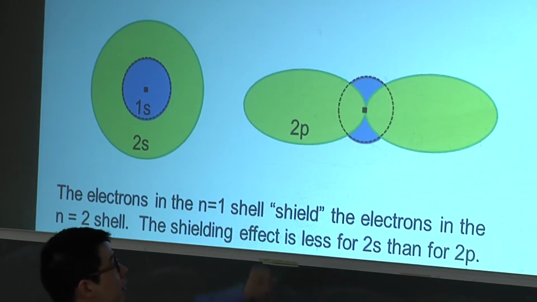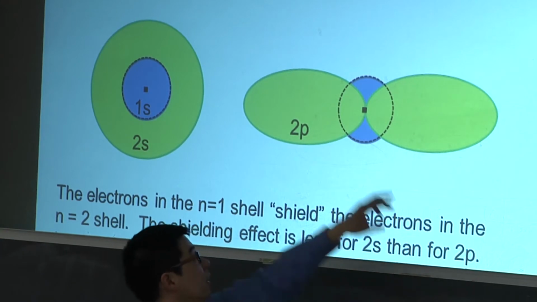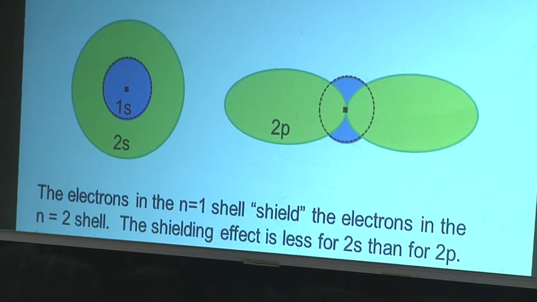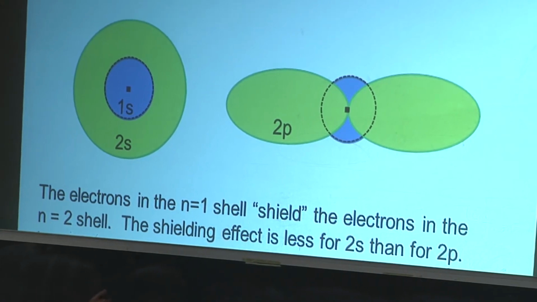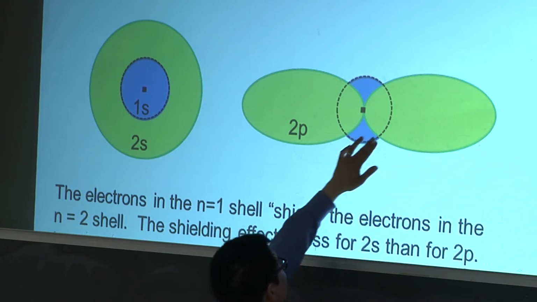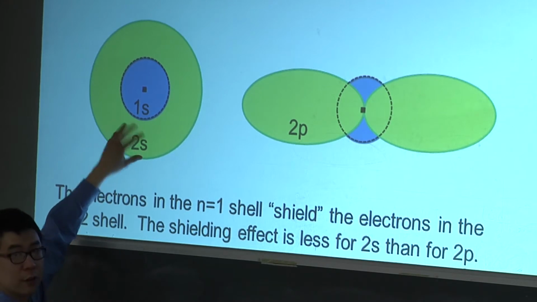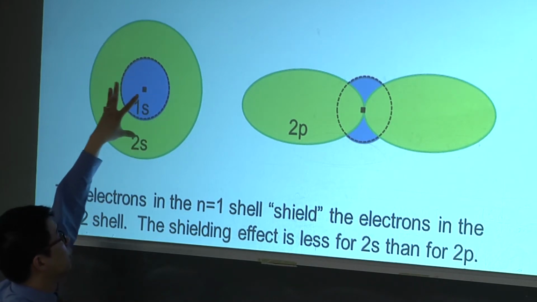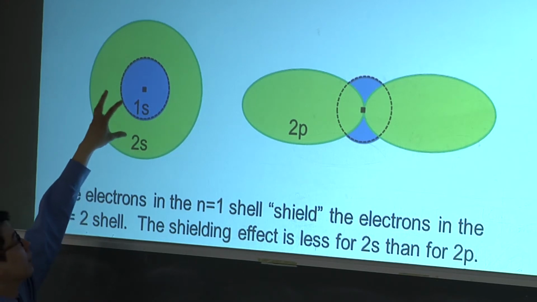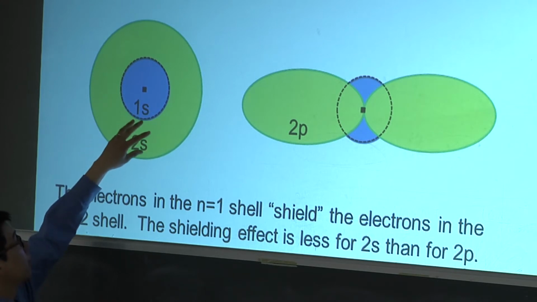Why is that? Because if you look at these p orbitals, they've got these 2 giant lobes, right? And so there's actually very little of the 2p orbital that's contained within the size of the 1s, right? So the 2s is a sphere, right? It's not a circle. It's a 3-dimensional sphere. And the electron can be found anywhere inside that sphere, anywhere inside that ball.